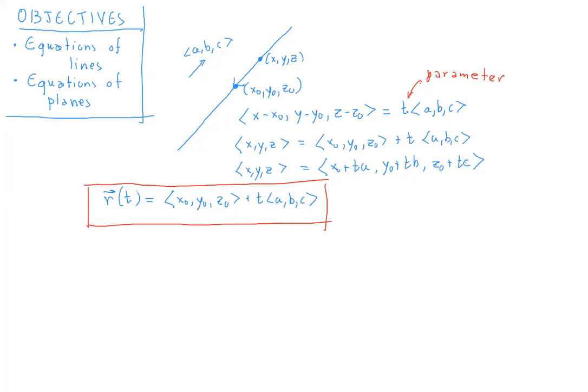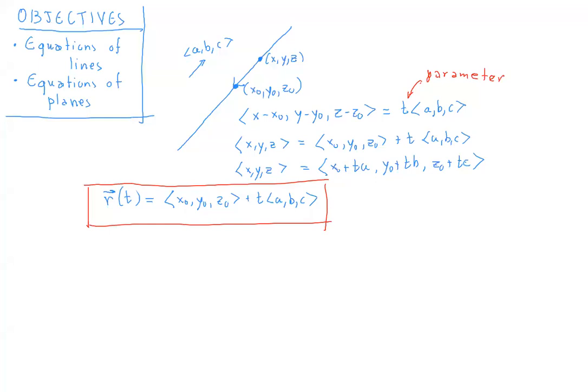We can give t different values, and that will give us vectors. Now, those vectors are, as we have said, free vectors. But there are some cases like this one where we're going to consider them as position vectors. That is, we're going to think of them as originating at 0, 0, 0.